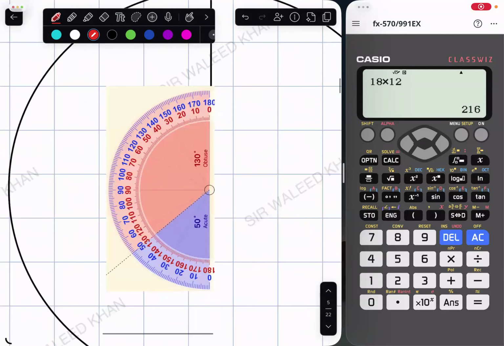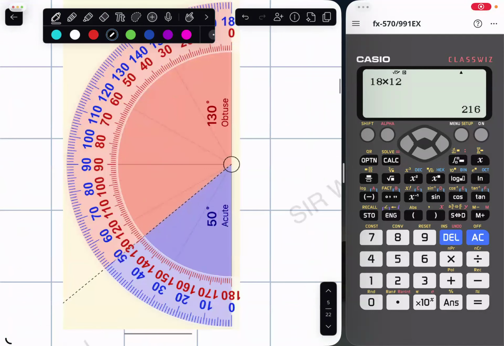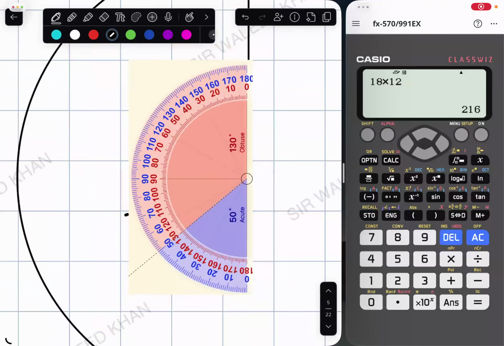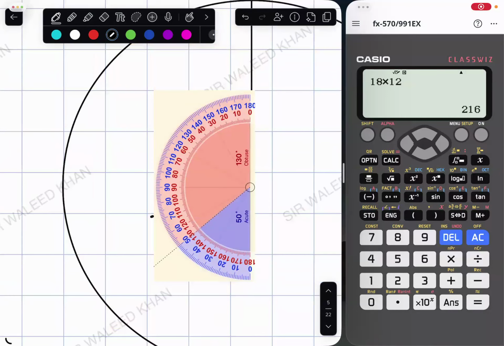So 108 will be marked over here. I'm looking at this scale. So 108. This is 108.